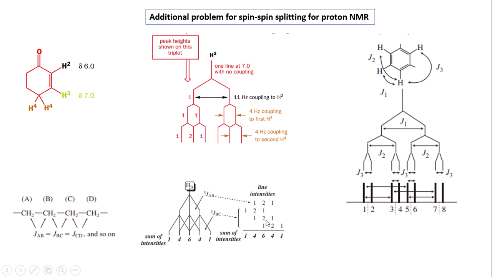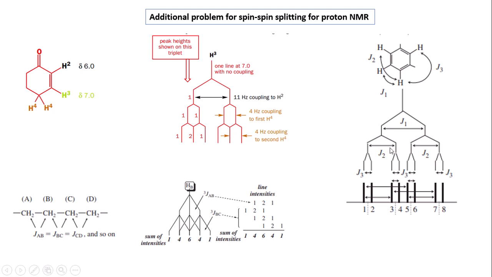This text actually comes from the Pavia book, and if you also see the meta coupling with the ortho coupling: in the case of ortho coupling, the coupling constant is greater, and in the case of meta coupling, the coupling constant is lower. This hydrogen is coupled with this hydrogen, and this hydrogen is further coupled with this hydrogen.